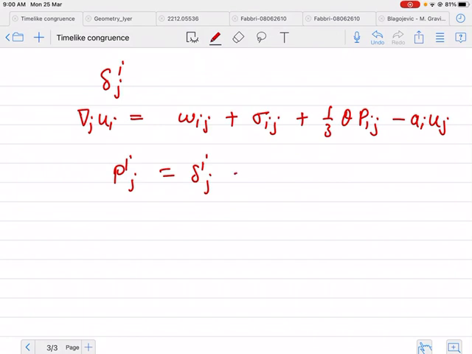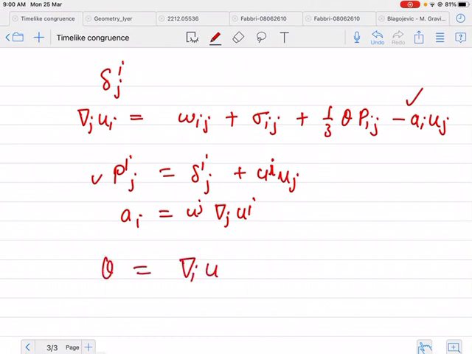where p_ij is nothing but g_ij plus u_i u_j, a projection tensor, and a_i is equal to u^j del_j u_i, the acceleration of the fluid. And theta, which is del_i u^i, is the expansion, and omega_ij is the rotation.